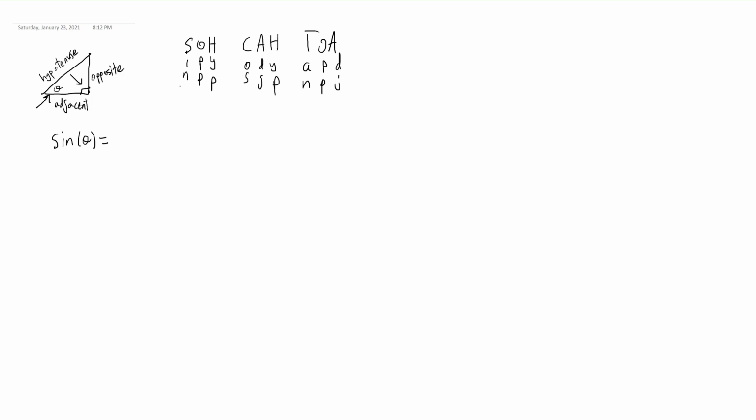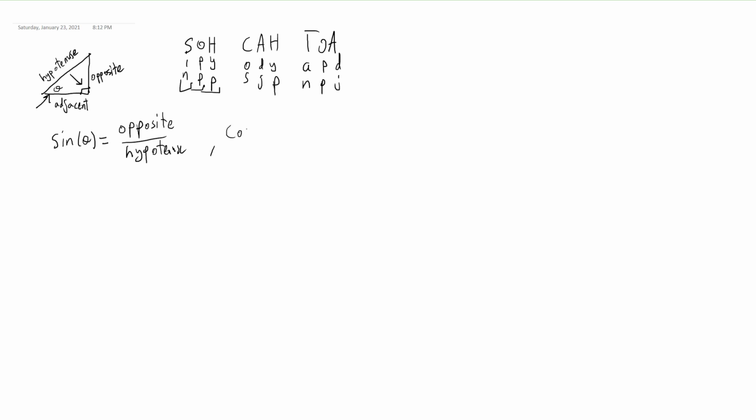So according to our mnemonic, sine is opposite over hypotenuse. So I'll just write that out here. It's the length of the opposite side divided by the length of the hypotenuse, if I can spell hypotenuse.